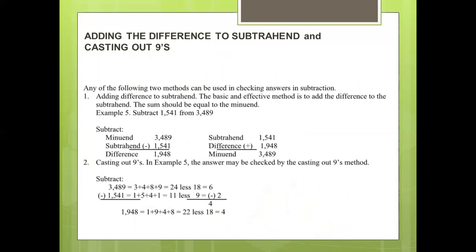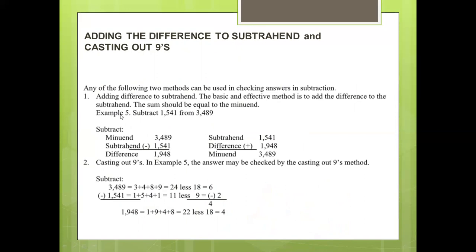You should add the difference to the subtrahend. The sum should be equal to the minuend as well. So there is an addition used in this method as well. So it's not just subtraction, but there is also addition involved.